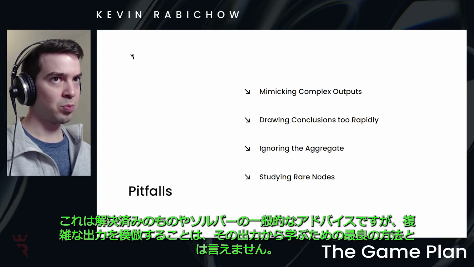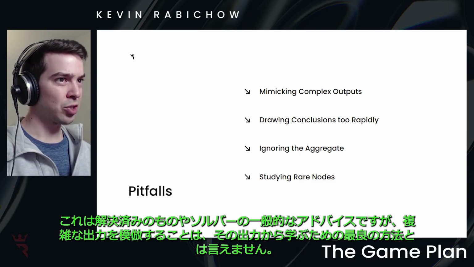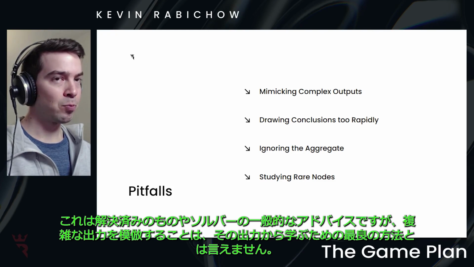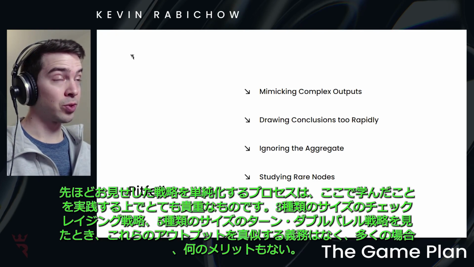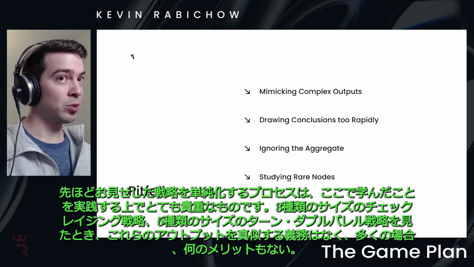This is pretty generic advice, I think, for using any pre-solve tool, or really any solver, is that mimicking a complex output is not the best way to learn from these outputs. The process that I just showed you for simplifying a strategy is so valuable for your practical implementation of anything that you learn in here.